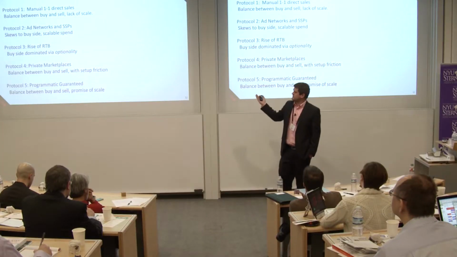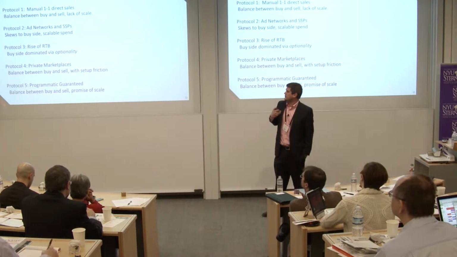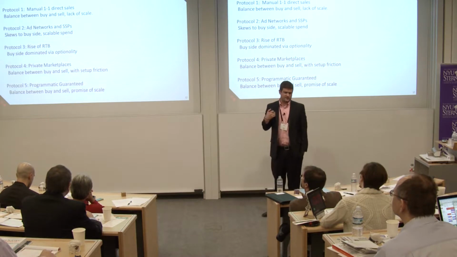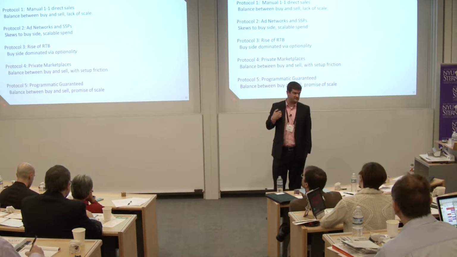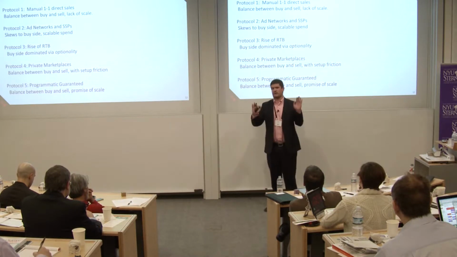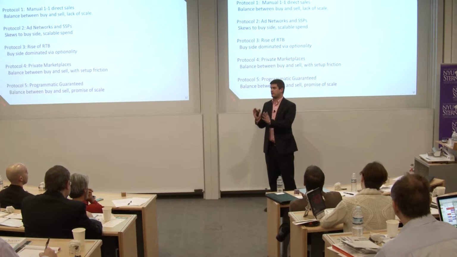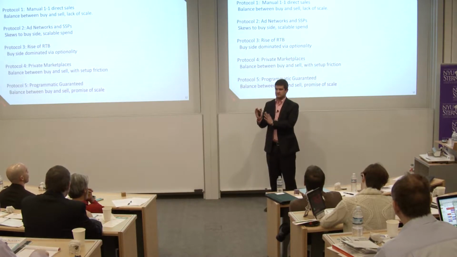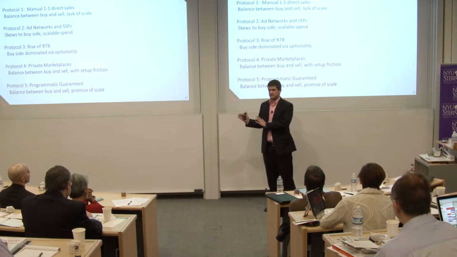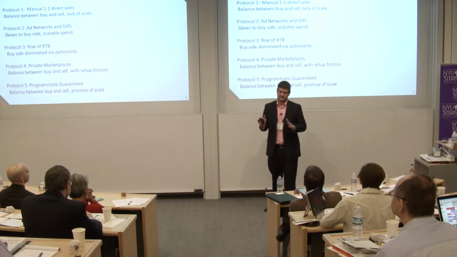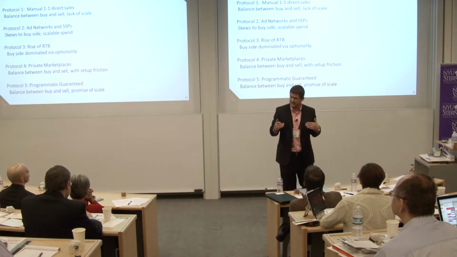What's happened with the next protocol is we've got private marketplaces. As soon as you introduce an open marketplace, there seems to be this effect that some buyers are like, wait, I don't want to be in an open marketplace. I want to make a little deal over here, get access to a special product, and we're going to make essentially a side deal outside of the open marketplace. That is happening today.